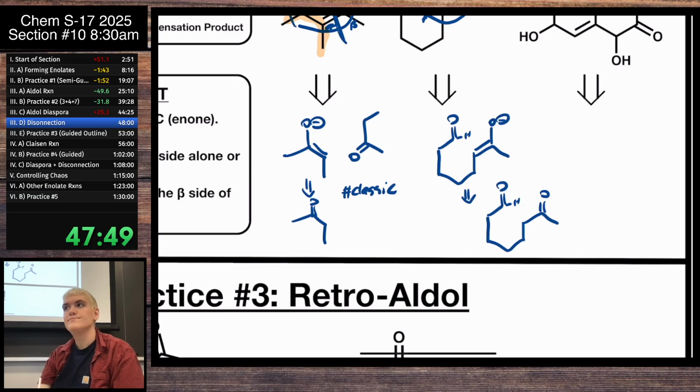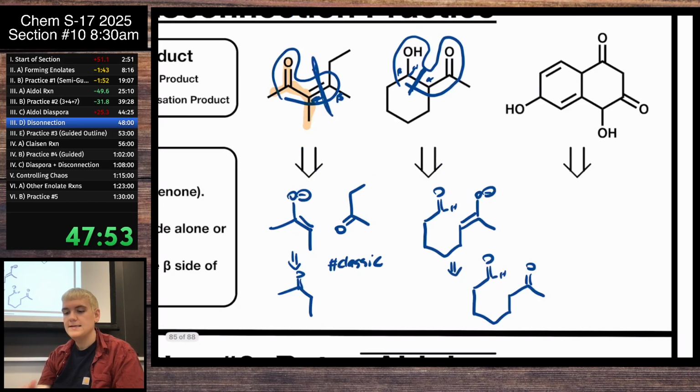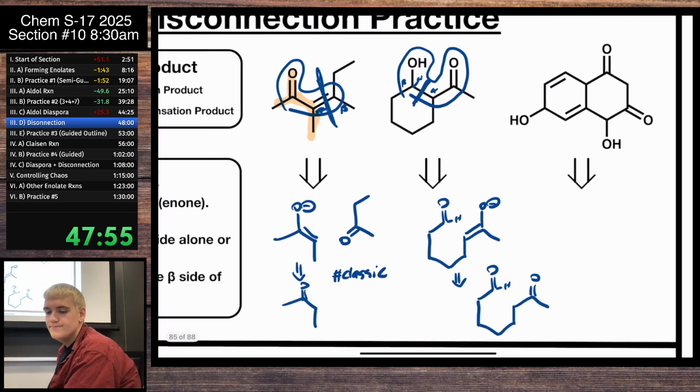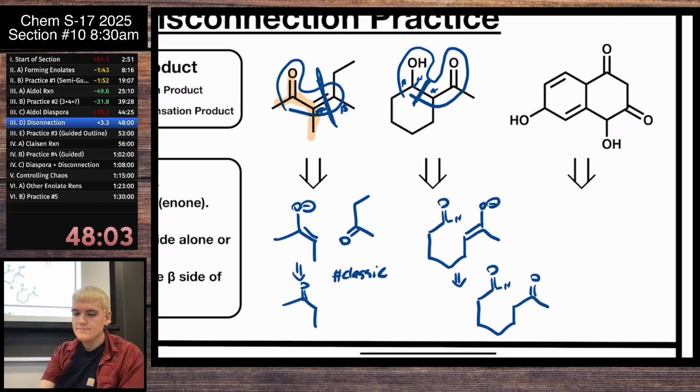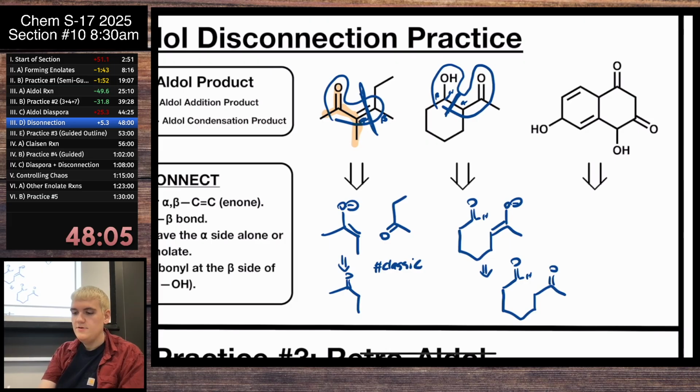How'd you do? And then where are we disconnecting in this third one? Is this an enone? No, that's sp3. Is this an aldol?